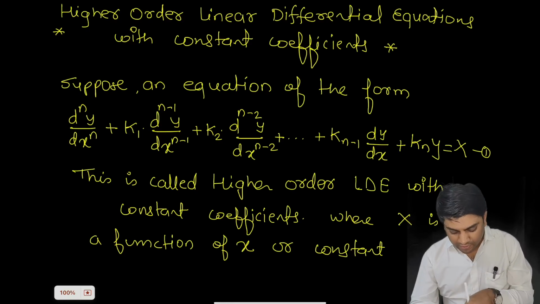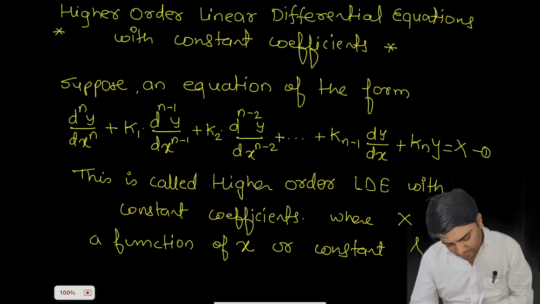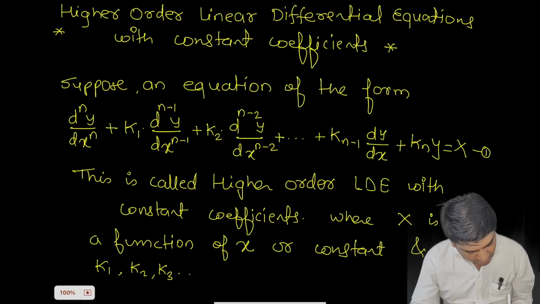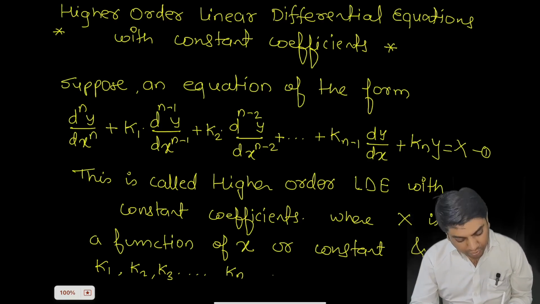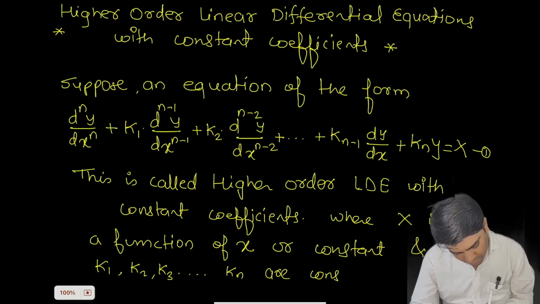Here k1, k2, k3 and so on up to kn are constants or coefficients. Since k1, k2 all are coefficients, these are constant.